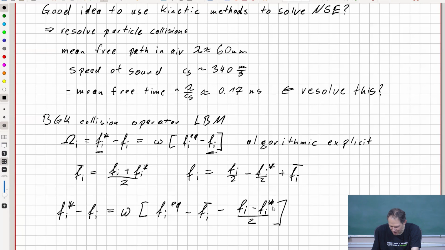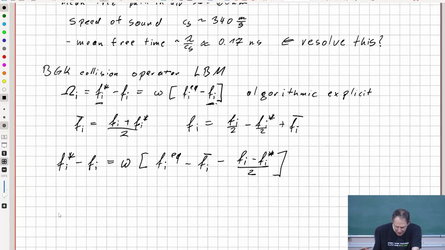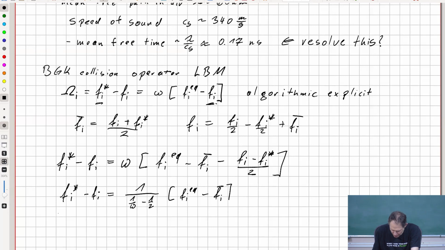Here we have Fi star on the right hand side. So we bring this to the other side, as we have already done when we derived the Navier-Stokes equation. I'm just giving the result for this. This turns out to be 1 over omega minus 1/2 times (Fi equilibrium minus Fi over bar).